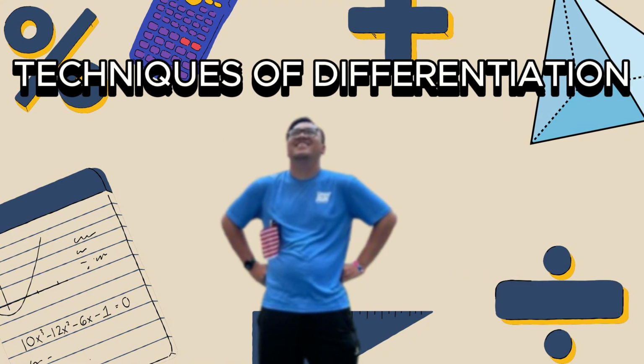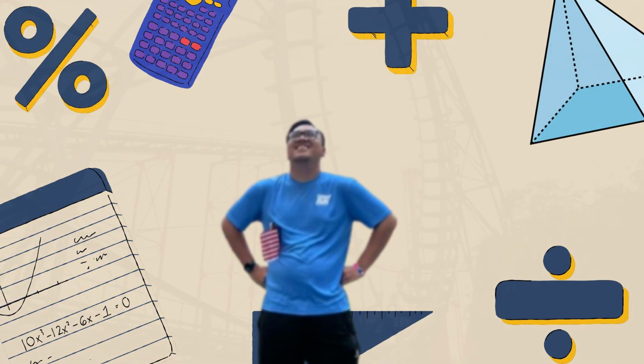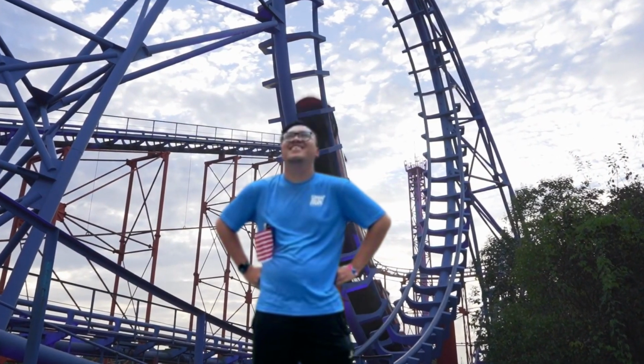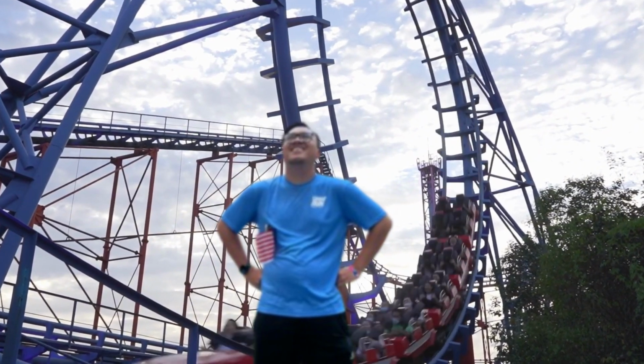The topic that we are going to present today is techniques of differentiation. Differentiation is a fundamental concept in calculus that is used to find the rate of change of a function with respect to a variable. In other words, differentiation helps us to determine how fast one quantity changes compared to another.